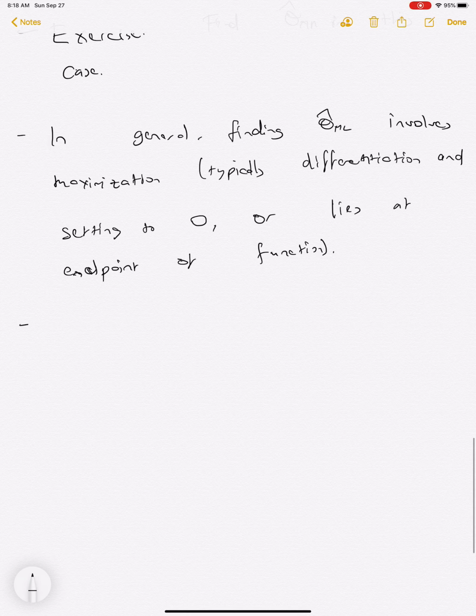So now we ask the other really relevant question that we think about when we think about estimation.